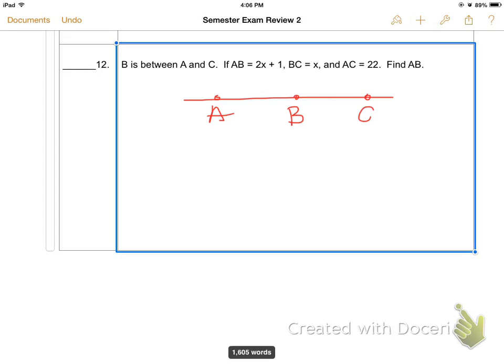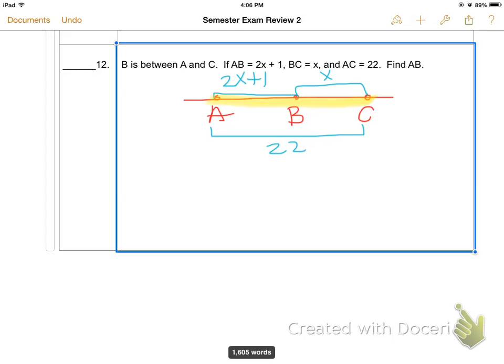AB is 2x plus 1, and BC is x, and AC equals 22. So if I look at this entire distance right here, AB and BC, it's equal to 22.